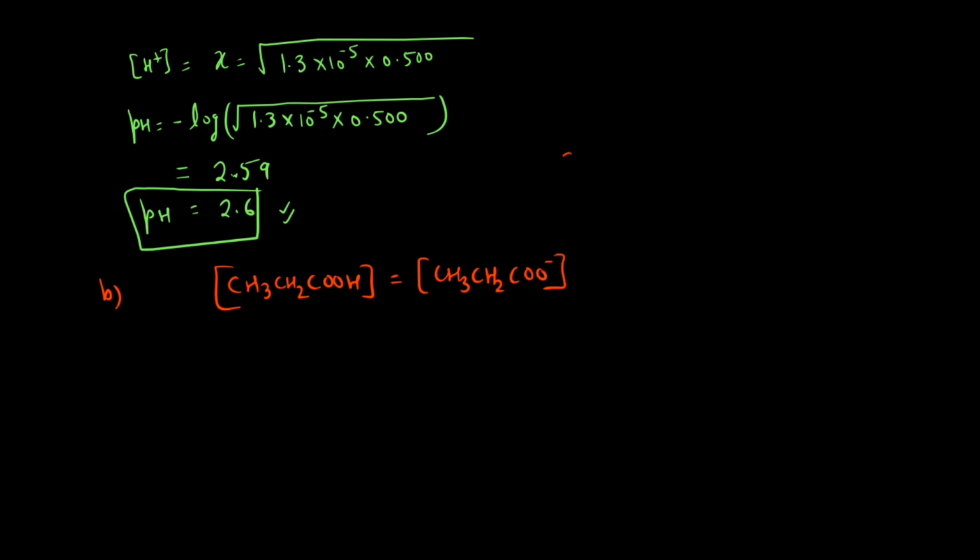We know that the equation was CH3CH2COOH partially dissociating into CH3CH2COO⁻ and H⁺. So they say that half of this has been converted into this.